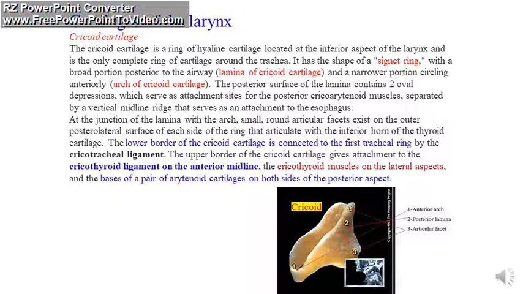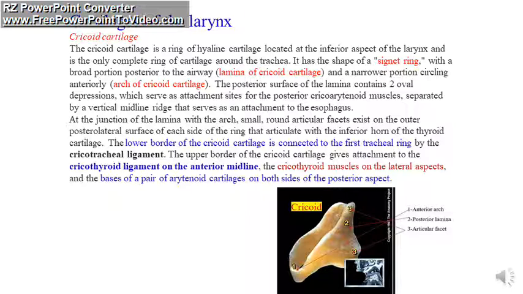It has the shape of a signet ring, with a broad portion posterior to the airway, the lamina of the cricoid cartilage, and a narrower portion curving anteriorly, the arch of the cricoid cartilage.